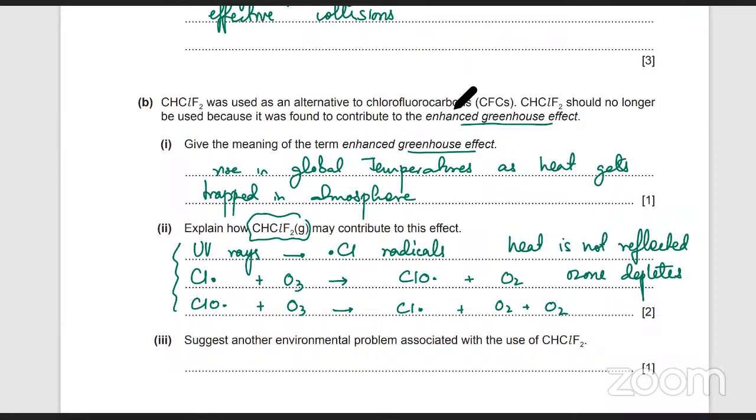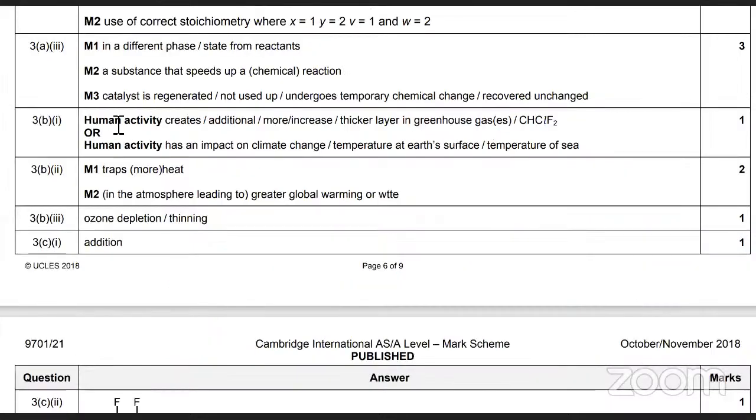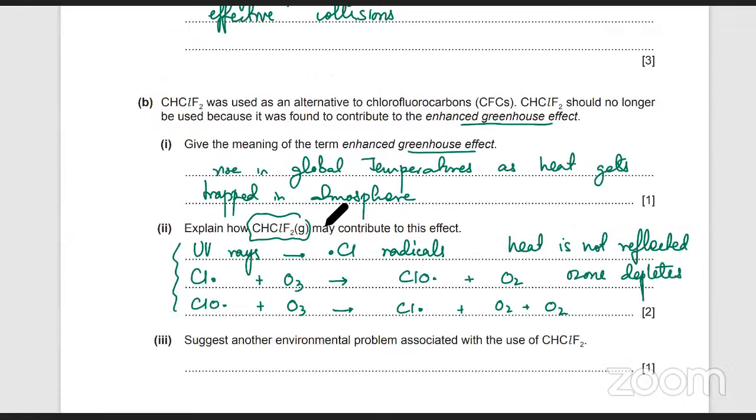You have the greenhouse effect, with carbon dioxide naturally produced by animal respiration. That's a natural process. But then there's the enhanced greenhouse effect, caused by additional human activity like burning fossil fuels, producing greenhouse gases such as this one. So that is what he meant. Is this clear? Yes, sir.